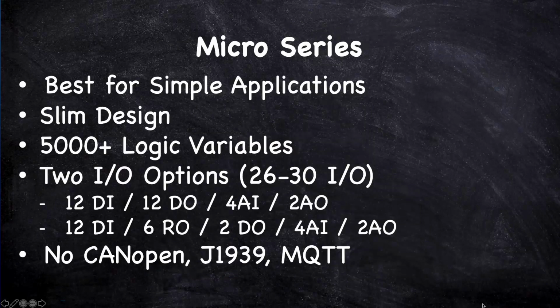The Micro Series is best for simple applications. It's got a slim design, it can support up to 5,000 logic variables, and it has 2 built-in I/O options ranging from 26 to 30 I/O. Now it doesn't support CAN Open or J1939, and it also does not support MQTT IoT protocol.